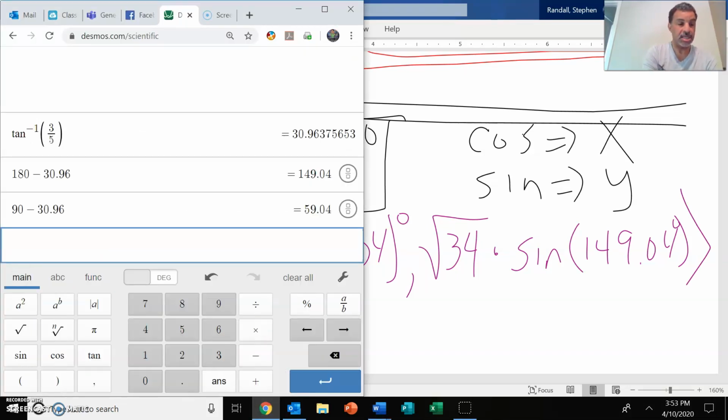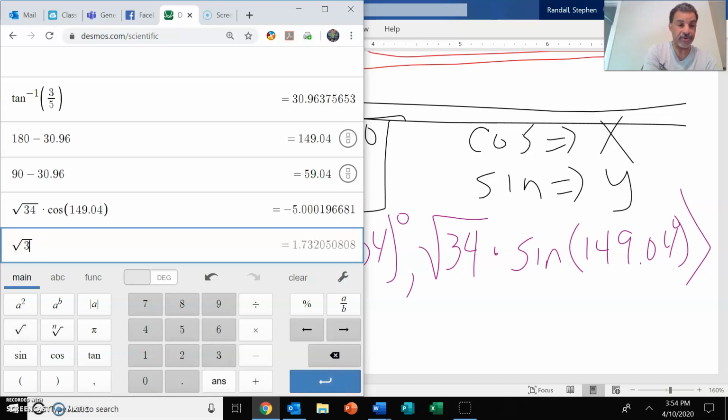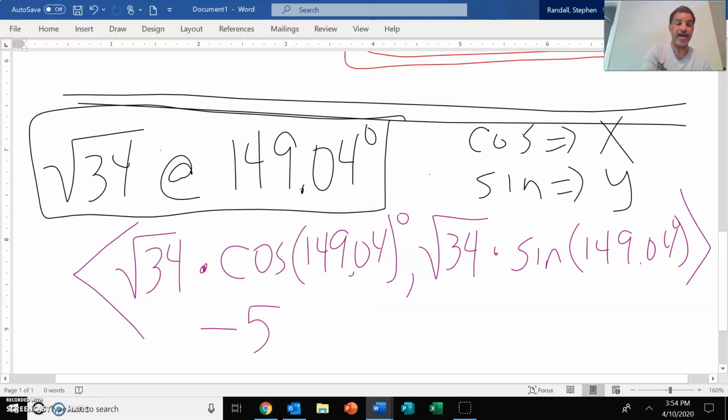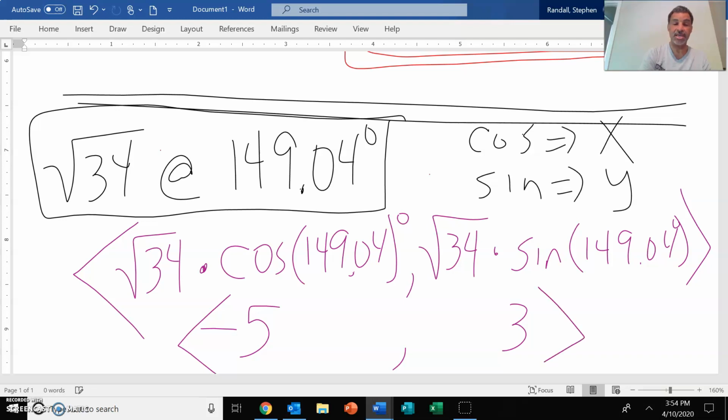It is the square root of 34 times the cosine of 149.04 and the square root of 34 times the sine of 149.04, and the cosine is negative 5.0, and the sine is 2.999, which rounds to 3, so that would be negative 5 and 3, and that is where we started.